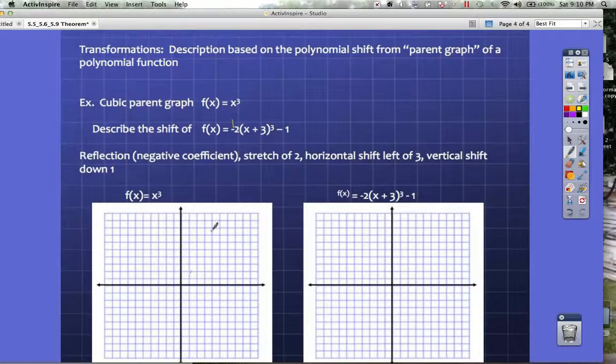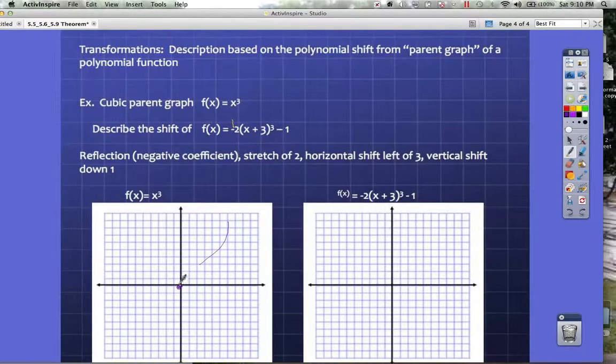So the parent graph of an x cubed looks something, let me change my color, you won't be able to see it at all. Alright, it's going to go through the origin, and it's going to go in a manner similar to this. Sometimes it's easier not to start in the middle and graph it.